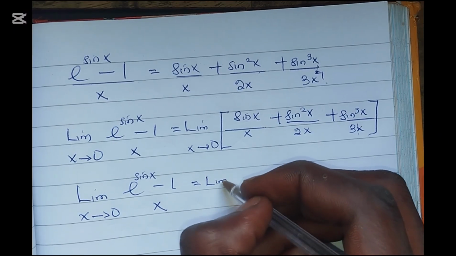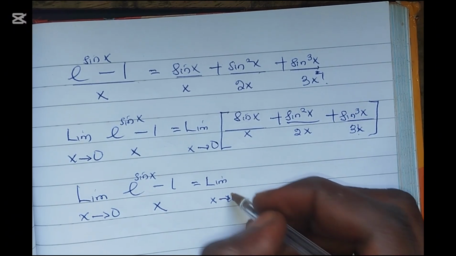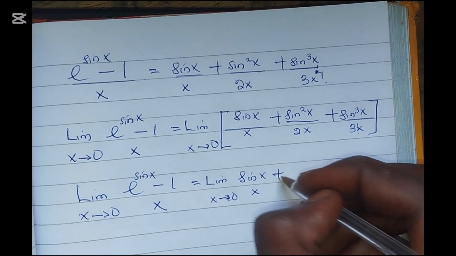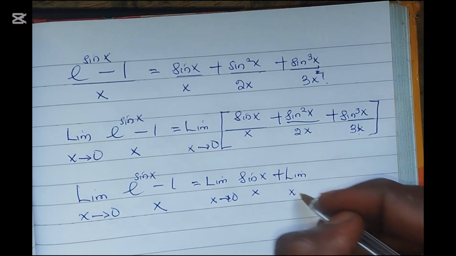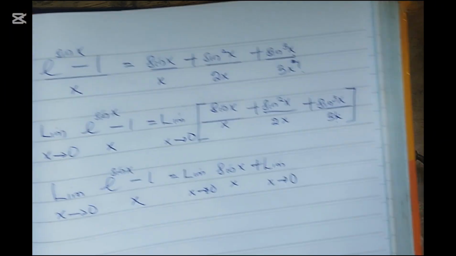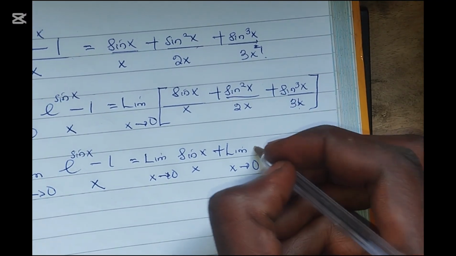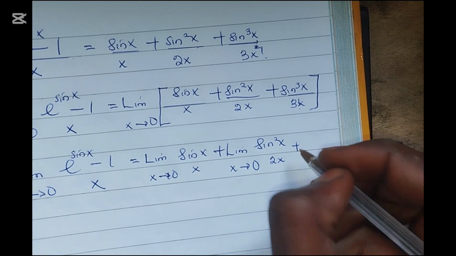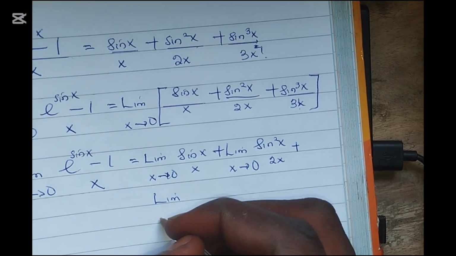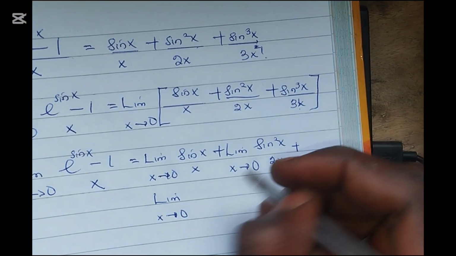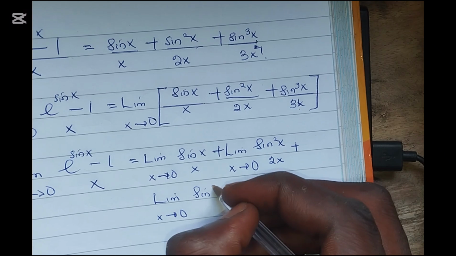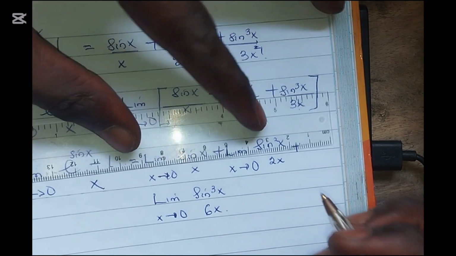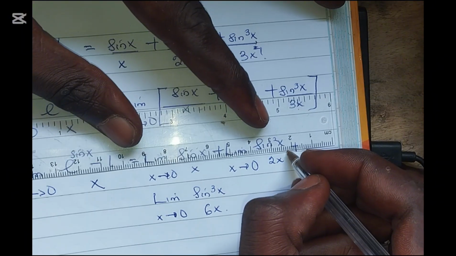So we have the limit as x goes to 0 of the first one, sine x all over x, plus the limit as x goes to 0 of the second function, sine squared x all over 2x, plus the limit as x goes to 0 of the third function, sine cubed x all over 6x.